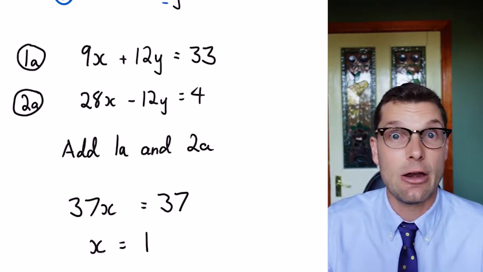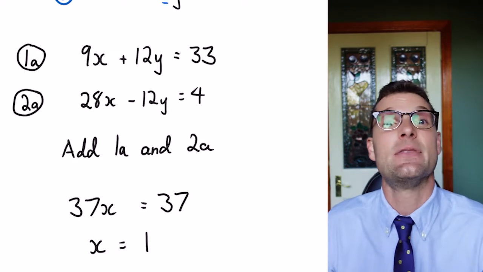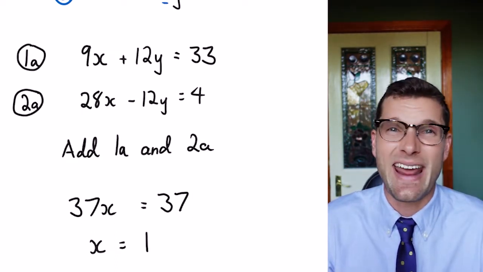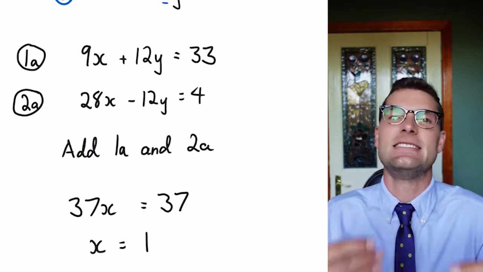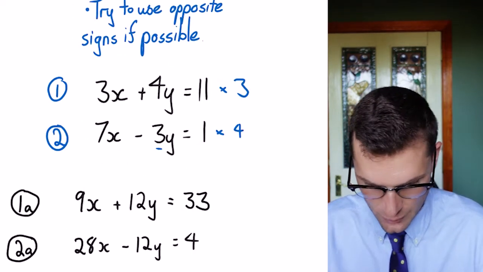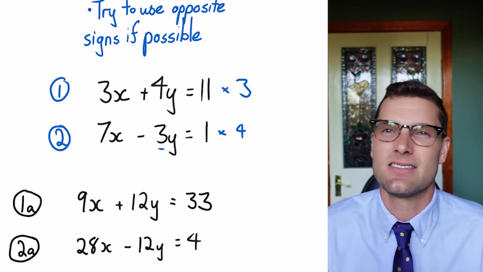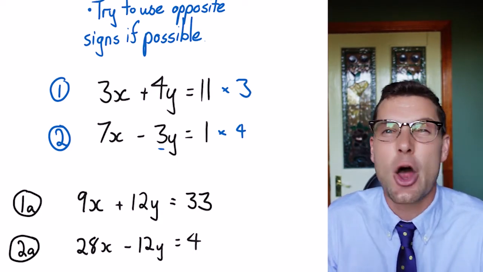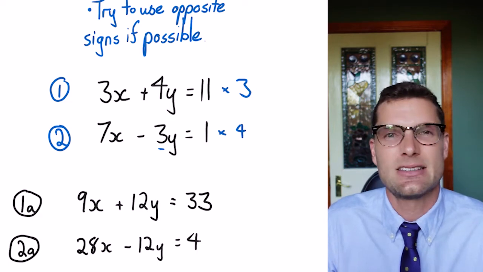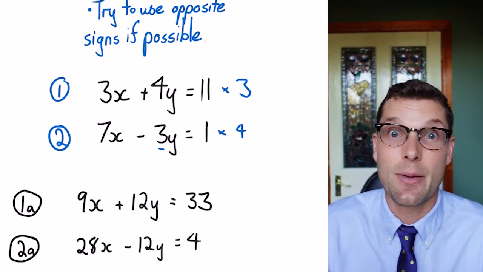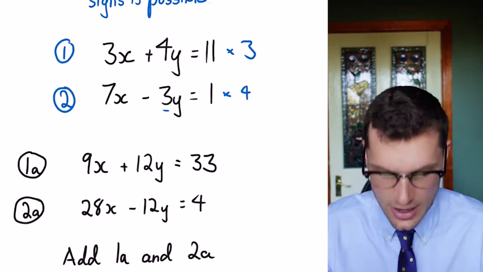So now we've got the variable and we need to sub this back into one of our original equations. You can sub it into 1a or 2a, but it's just easier to go back into 1 or 2. Again, I try and minimize the amount of negatives just to make sure that there's no margin for error, that I make a silly mistake that costs me a mark down the road. So I'm going to sub into 1 because there's no negatives there.